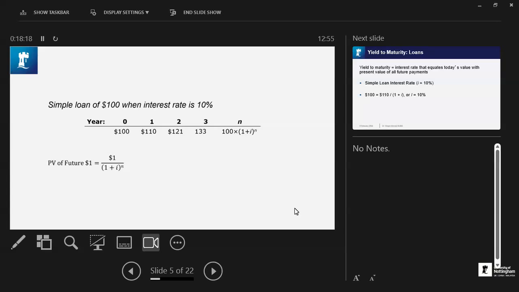We can calculate the present value of $1 in the future using this formula. So this is done on $1, right? So what do we call this? What is this term here? Present value of future $1. You know this, right?